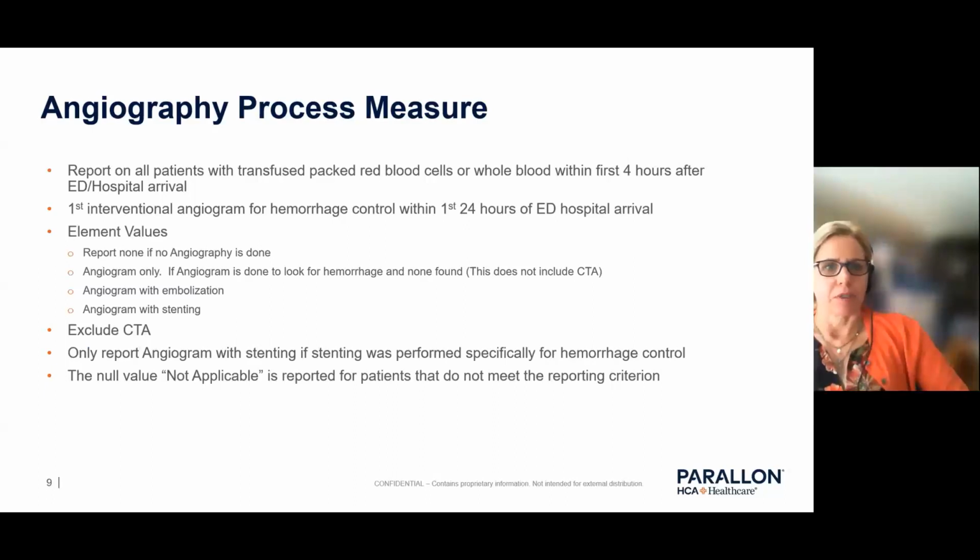You'll only report angiogram with stenting if stenting was performed specifically for hemorrhage control. There are times you might have to reach out to your trauma program manager or your trauma medical director to determine if the angiogram was performed for hemorrhage control. Then we report the null value not applicable if the patient did not meet the reporting criterion, which would be if they did not receive that blood in the first 4 hours.